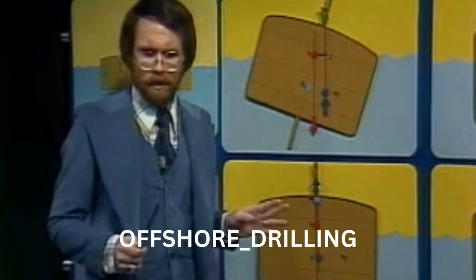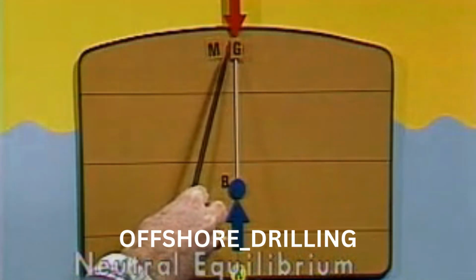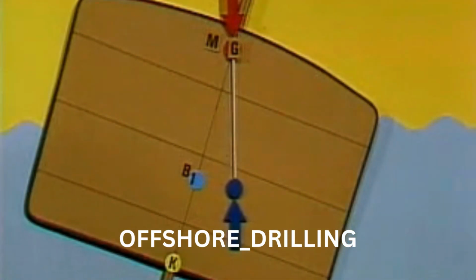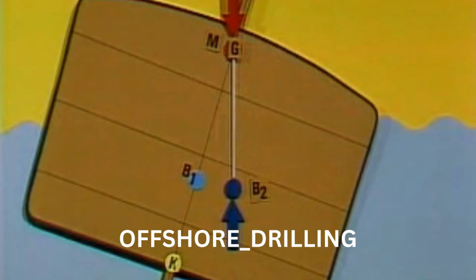Next is neutral equilibrium, where M and G are at the same point. There is no moment since there is no GZ. And there is no tendency of the vessel to return to its original upright position.